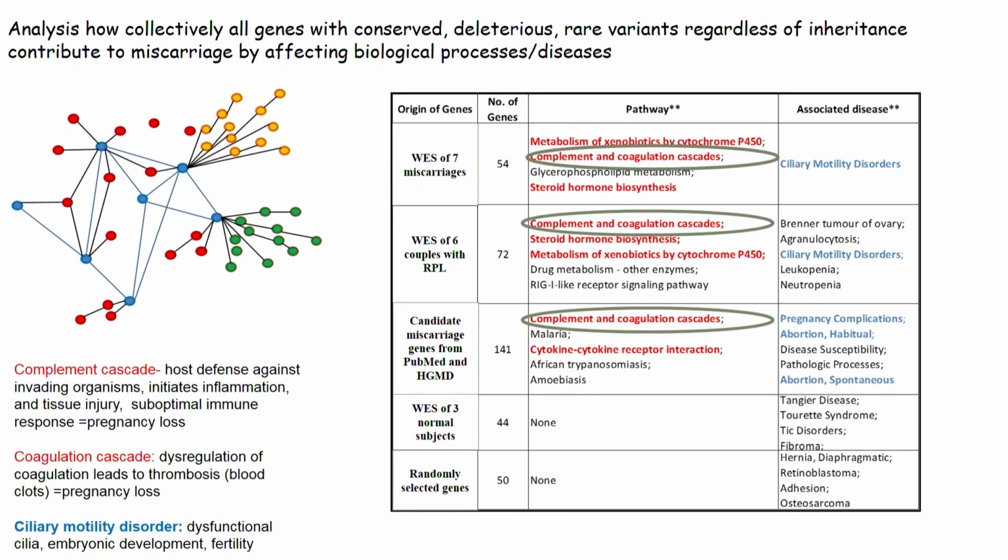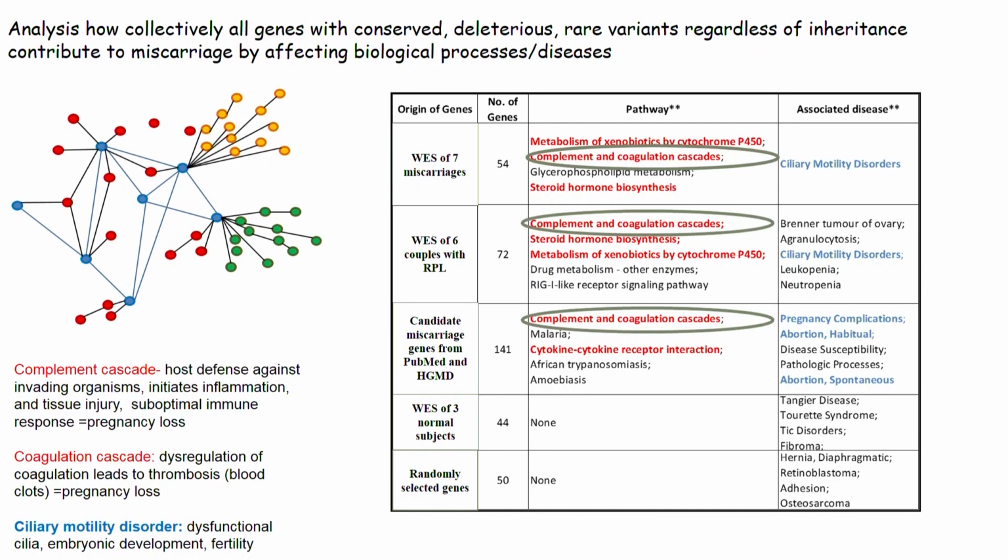So what one does in this type of analysis is identify genes with conserved, deleterious, and rare variants, which was 54 for the 7 miscarriages studied by whole exome sequencing, and then bioinformatically determine which biological pathways and diseases are associated with these 54 genes more than it would be for any number of other randomly selected genes.